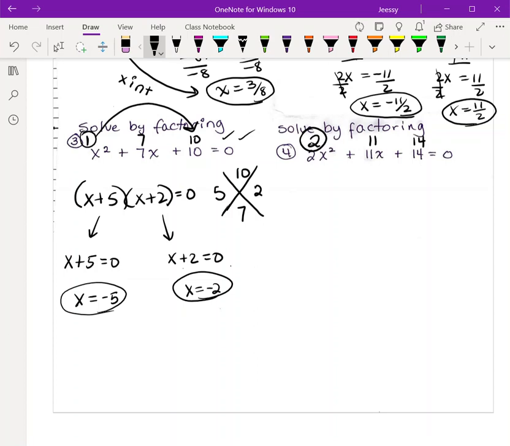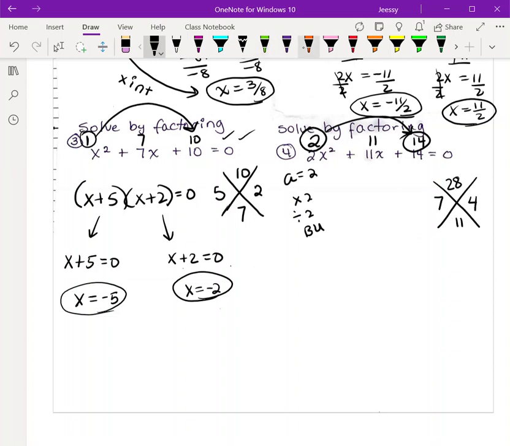All right, because this equals 2, that means we're going to have to multiply by 2, divide by 2, and then do bottoms up. Two times 14 is 28, and they need to add up to 11. Oh, Lord. 7 and 4? Okay.